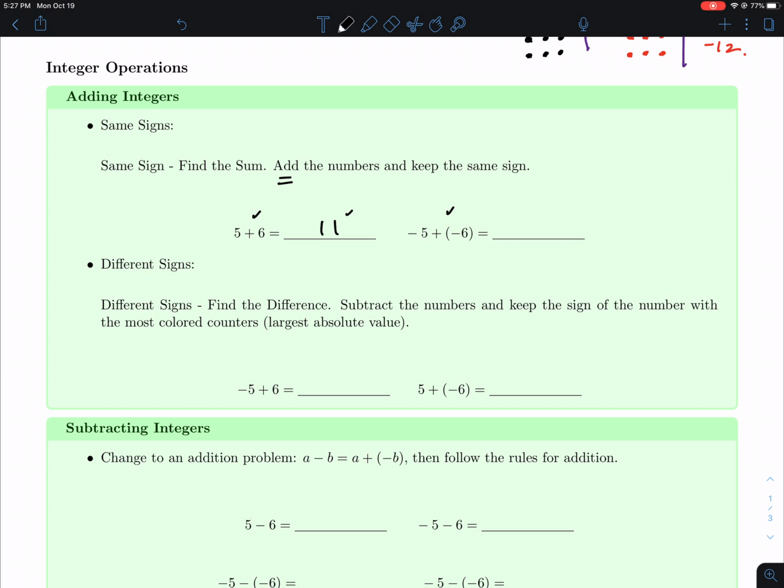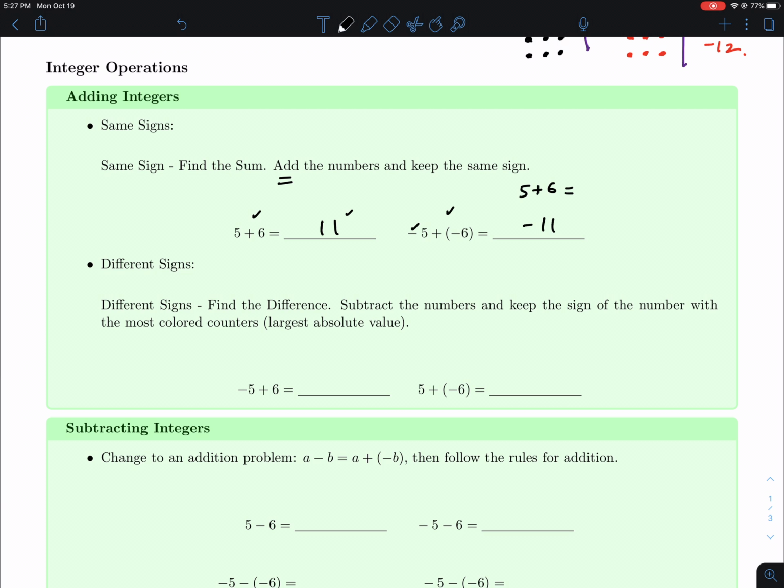Now we've got negative 5 plus negative 6. What we're really doing is adding 5 plus 6 to get 11. But since both signs were negative, our answer has to be negative. So if you're adding two numbers with the same sign, it doesn't matter whether it's positive, positive, or negative, negative, just add like normal and then attach the appropriate sign.